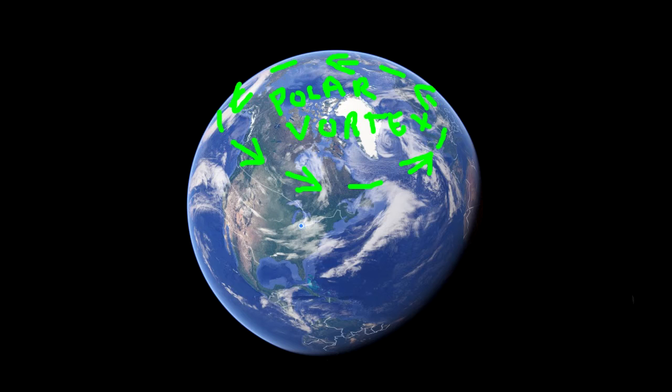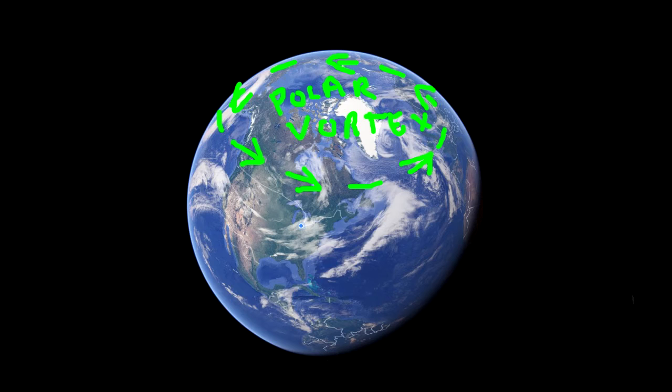And because of the way the Earth works, with all that stuff we're not going to get into, up here in the northern hemisphere it spins counterclockwise, southern hemisphere it spins clockwise. So cold air has a tendency to fall. Hot air has a tendency to rise. So when the cold air is falling, it turns counterclockwise.